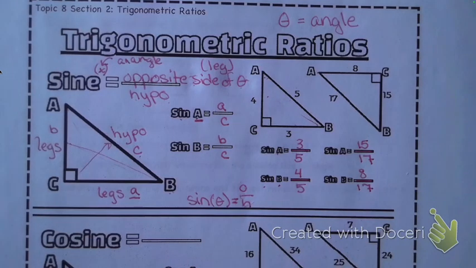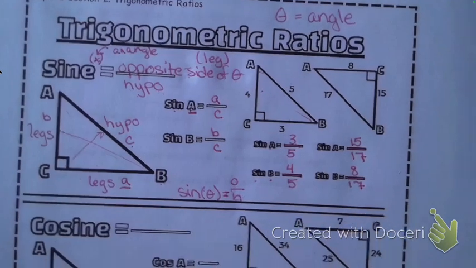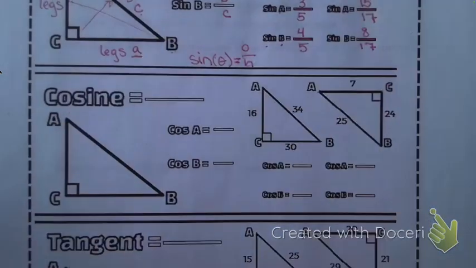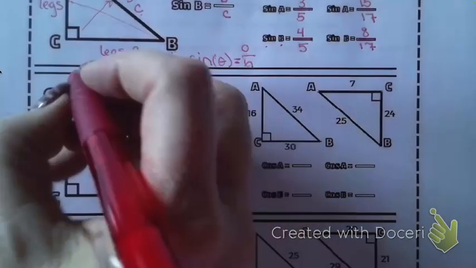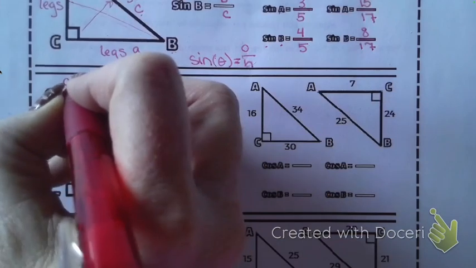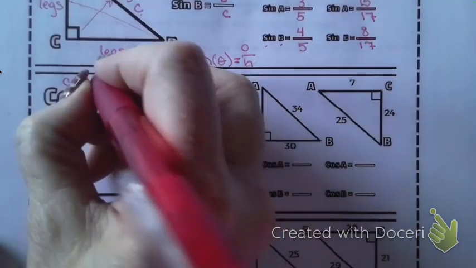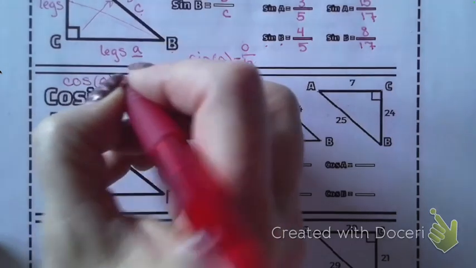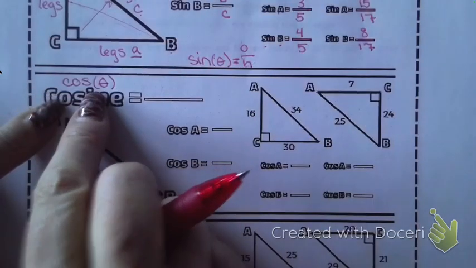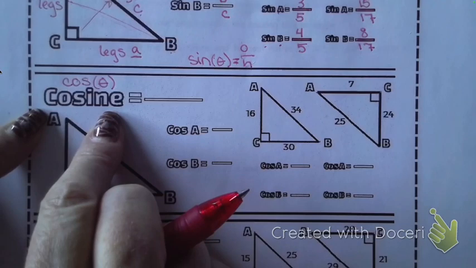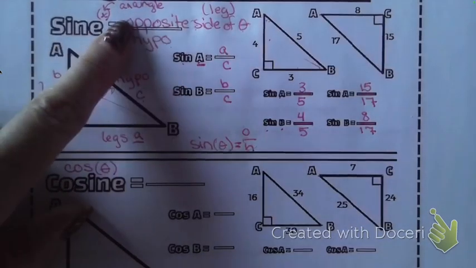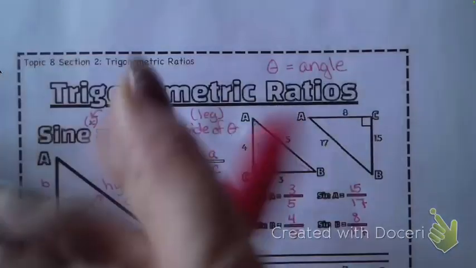So guess what we have now? Cosine. Okay. Cosine we abbreviate COS. When you see COS, you say cosine.